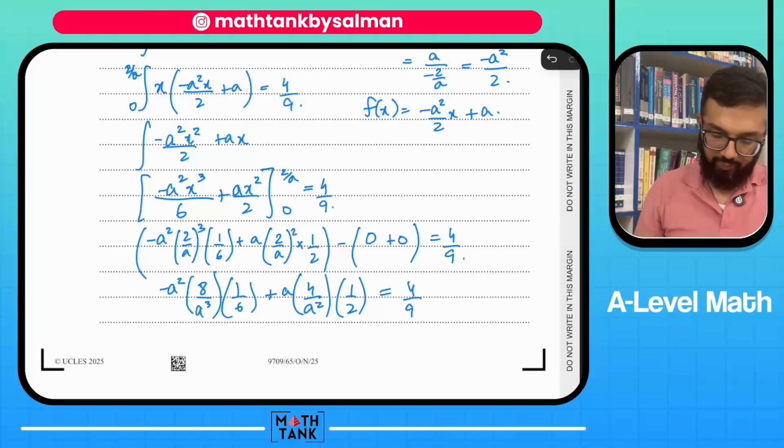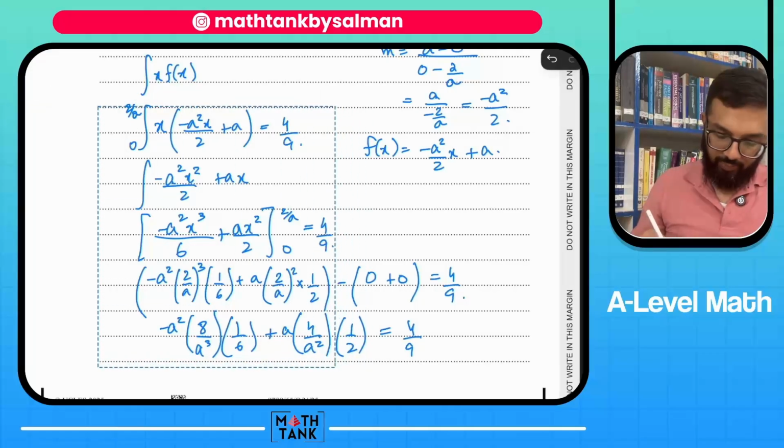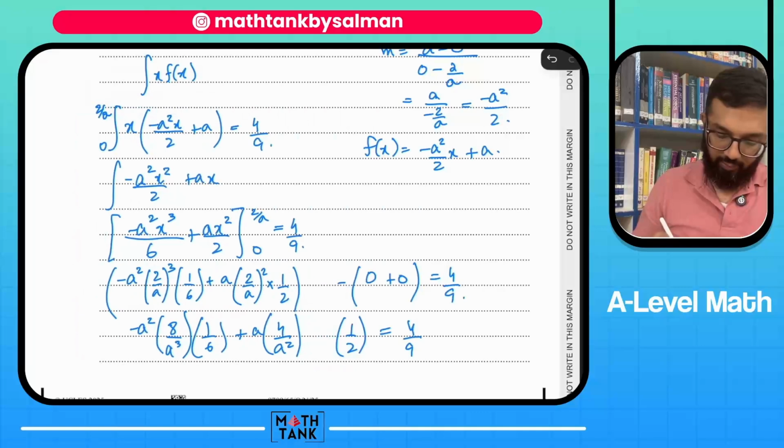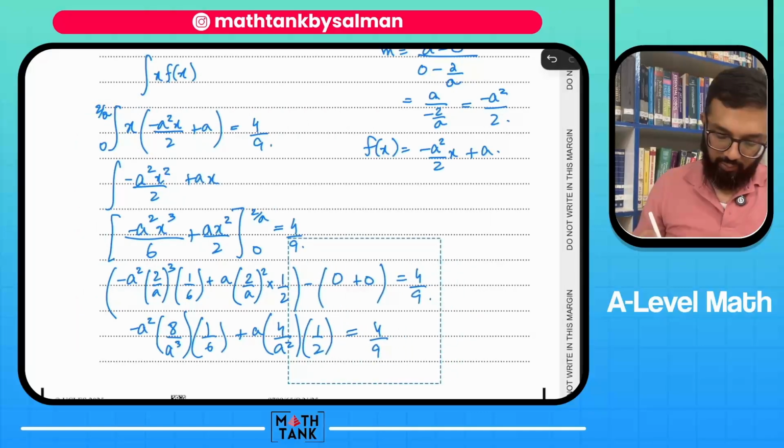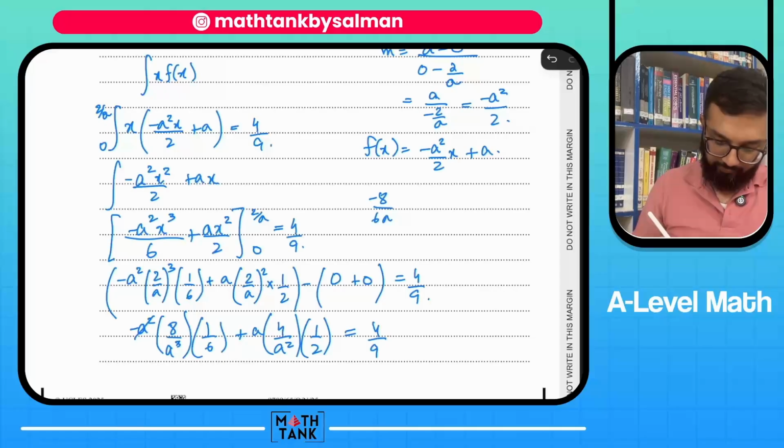4 over 9. Oh, I've run out of space as well. I usually run out of space on these expectation parts because you end up using 2 lines instead of 1. So you should be careful as well. So minus 8 over 6A plus 2 over A equals 4 over 9.